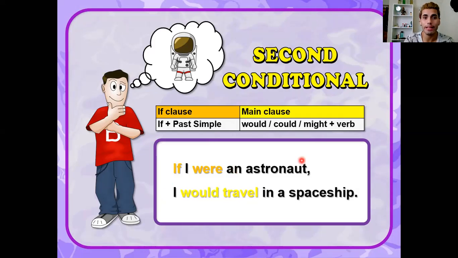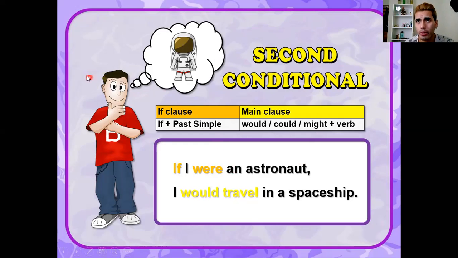Of course, imaginary hypothetical means that it's not true, or at least right now it's not true, right? So if I were an astronaut, it means that right now I'm not an astronaut. I would travel in a spaceship. So in the hypothetical present and future, I would travel in a spaceship. So this is what I would be doing right now if my present were different, sorry.